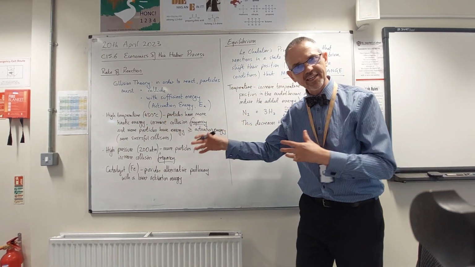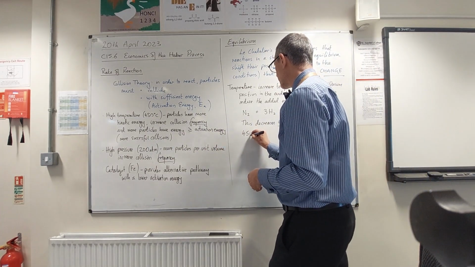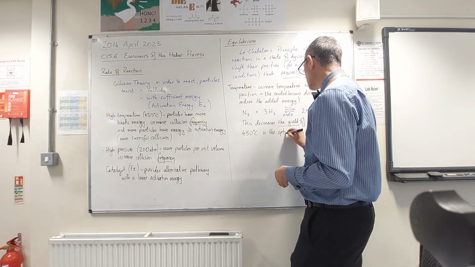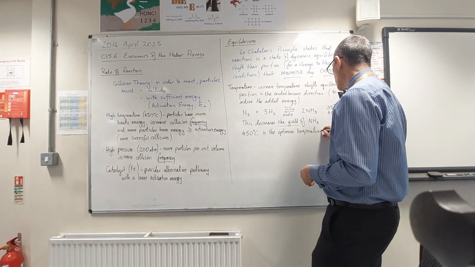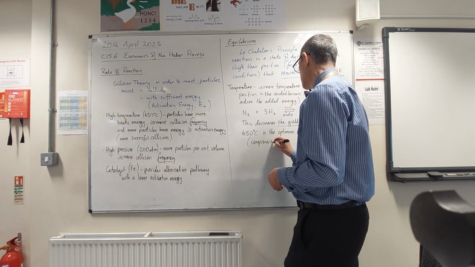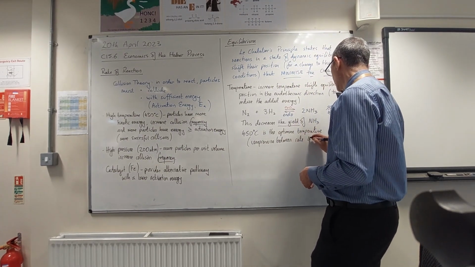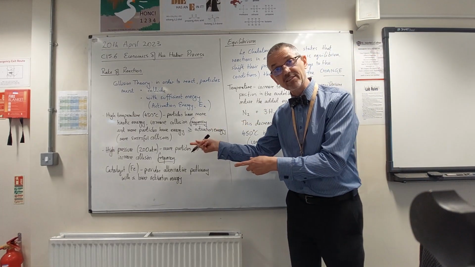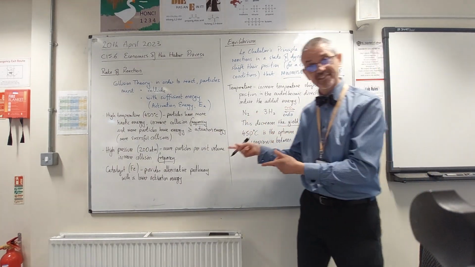So we're sort of stuck in a fix here, and 450 degrees is what we call the optimum temperature, or we could say it's a compromise between rate and yield. In other words, a higher temperature would give me a faster rate but a lower yield. A lower temperature would give me a higher yield but a slower rate.